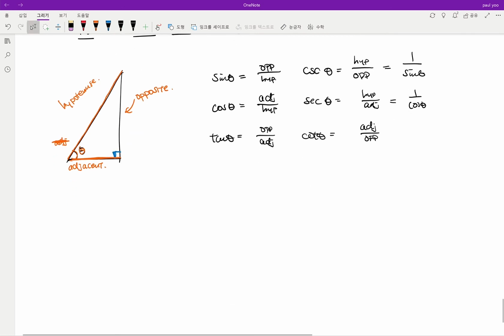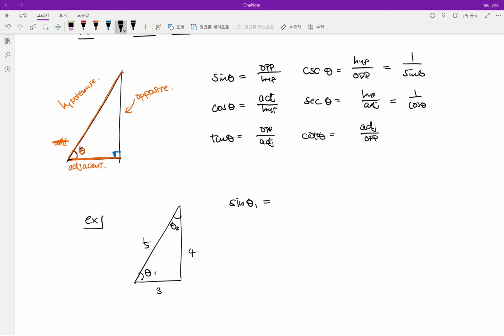Giving you an example, let's say you're given a triangle that has sides 3, 4, and 5, and this is going to be angle 1, and I'm going to call that angle 2. Sine of angle 1 is going to be 4 over 5, since the opposite of angle 1 is 4 and the hypotenuse is 5.